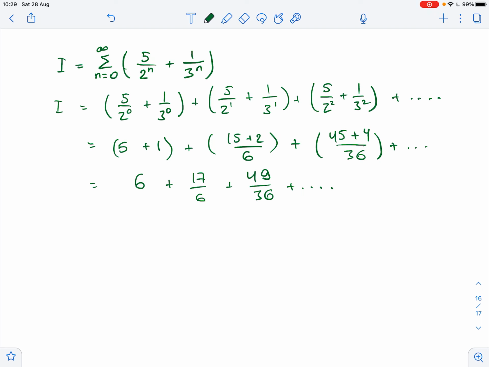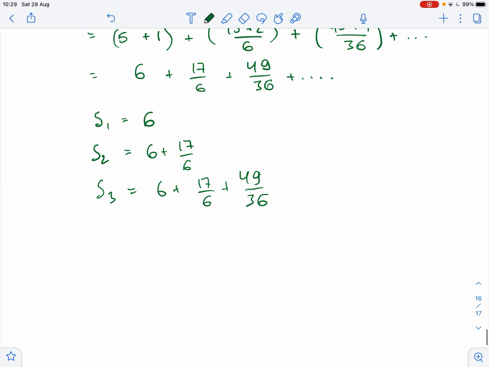So here, for example, S1 equals 6, S2 equals 6 plus 17 over 6, S3 equals 6 plus 17 over 6 plus 49 over 36. So these are the first three partial sums of the given series.